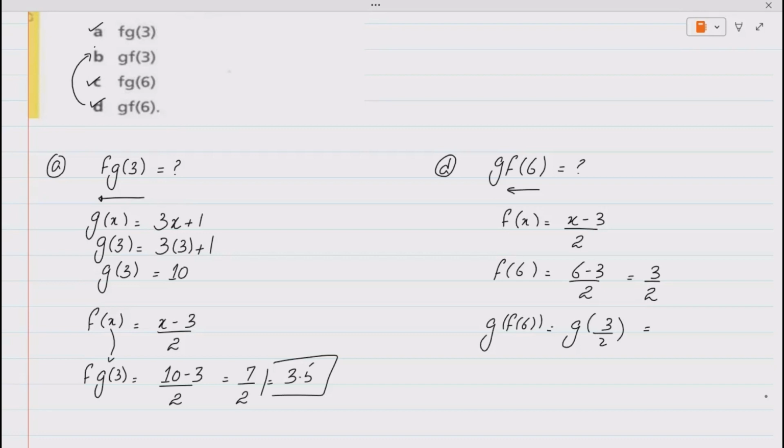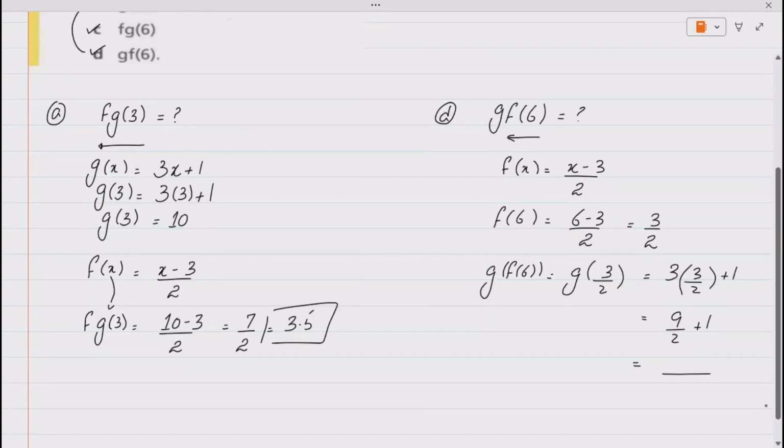Because g is 3x plus 1, x is 3 upon 2, so it is 9 upon 2 plus 1. Always do the calculation completely, so take the LCM: 1 into 9 is 9, 2 into 1 is 2, so 11 upon 2, which is 5.5.